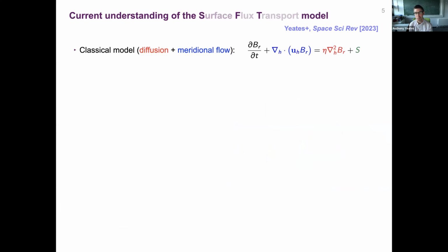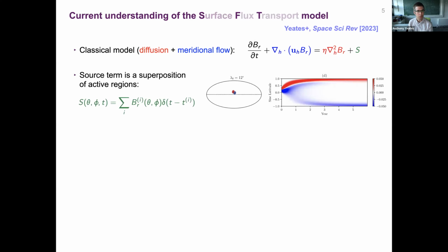So it gets moved around by advection by the large-scale flows, such as the meridional flow, and then it's spread out by the action of the convection, which you model with a diffusion term. That's the red one here. The last term, the S, is the source term, because of course you have new regions emerging on the sun.